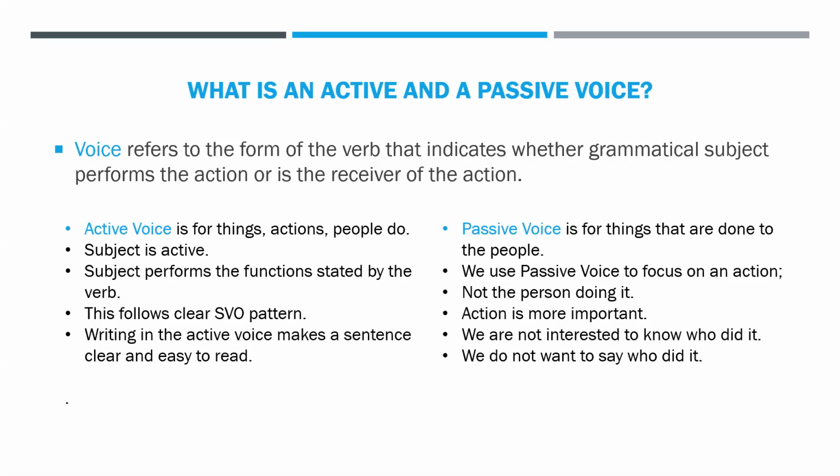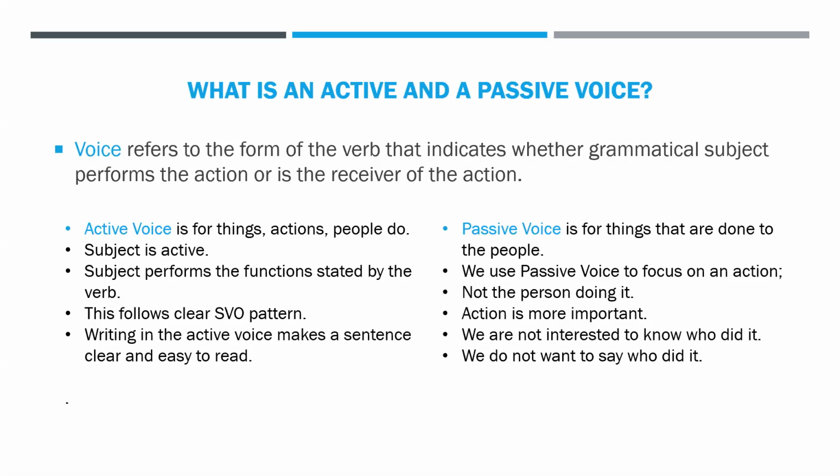For a sentence to be in the active voice, the subject is active here, and active voice is for things and actions people do. The subject performs a function stated by the verb. Whatever the verb is stating, that is done by the subject of the sentence.